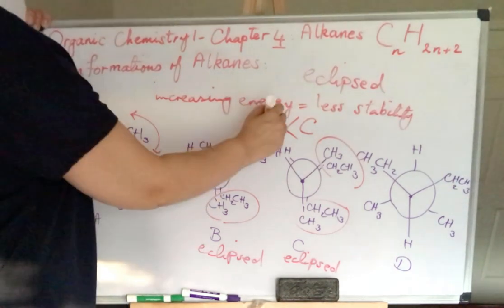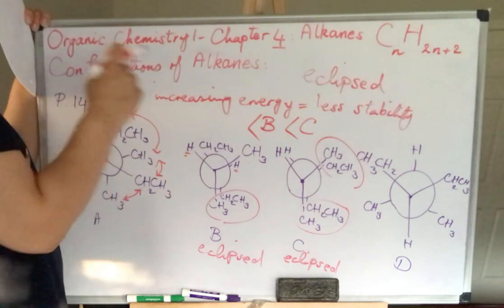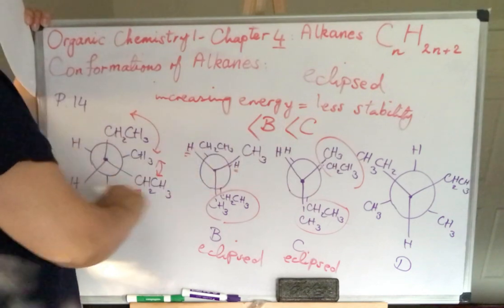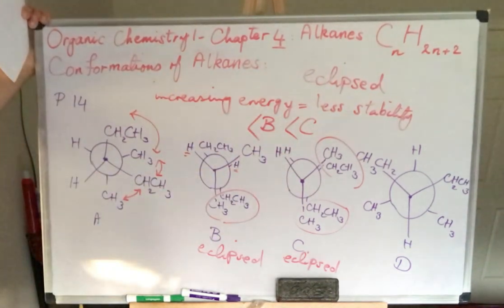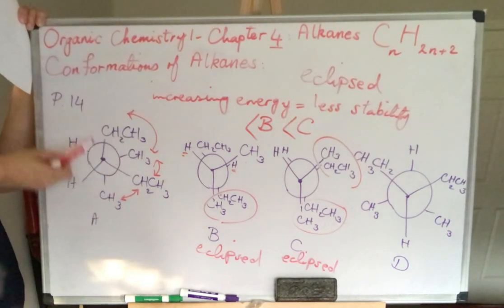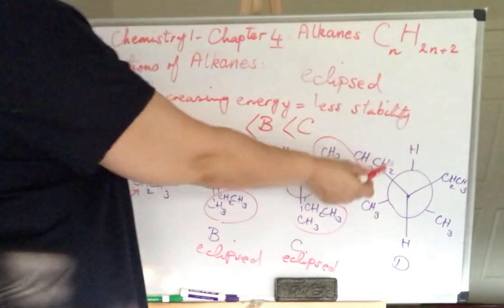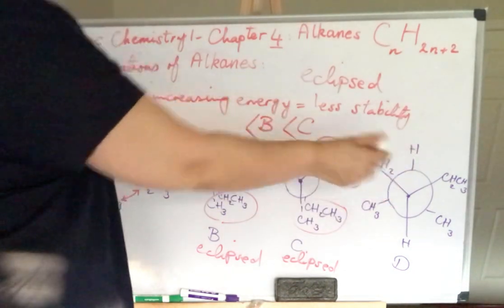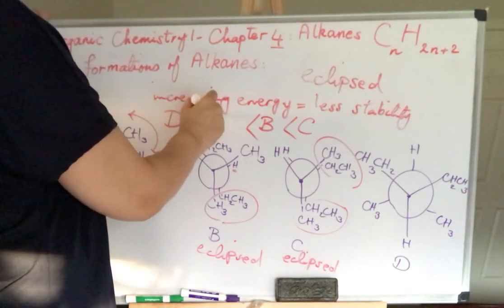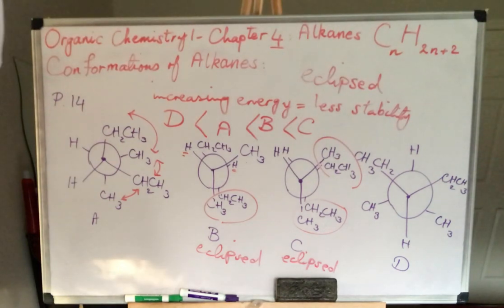Then is B, and now decide. Eclipsed groups always have the highest energy and less stability. So let's decide between A and D. Between A and D, you see here it's a little bit crowded. These guys can have a torsional strain with each other, but here they are more separated from each other. So you would say D is the lowest energy, most stability, and then A, and then B and C.